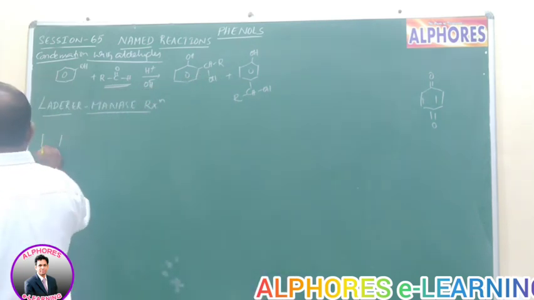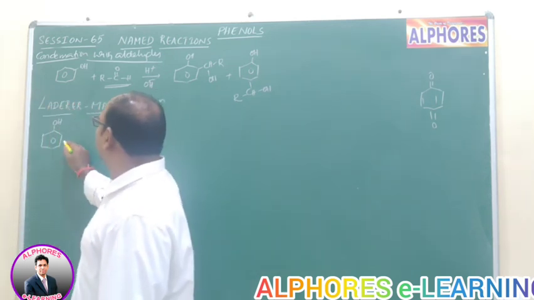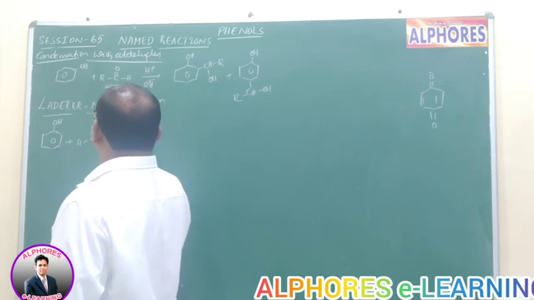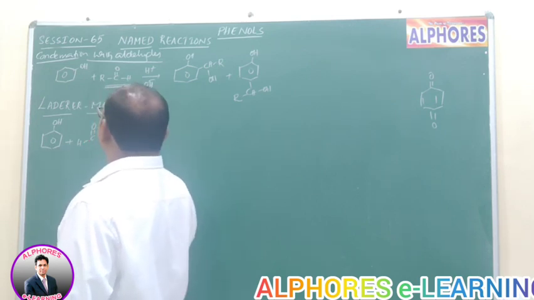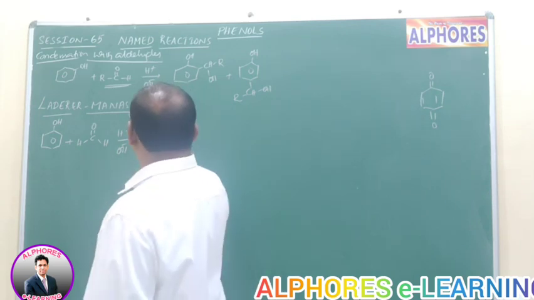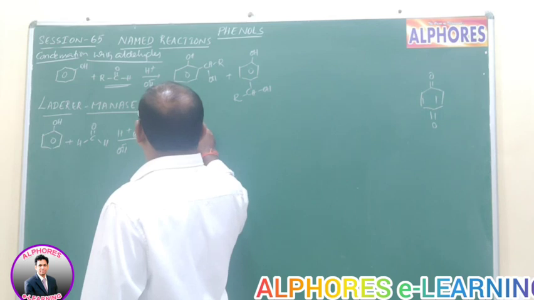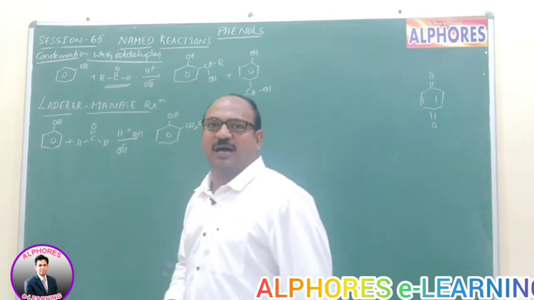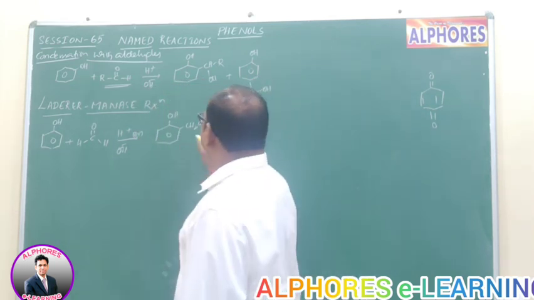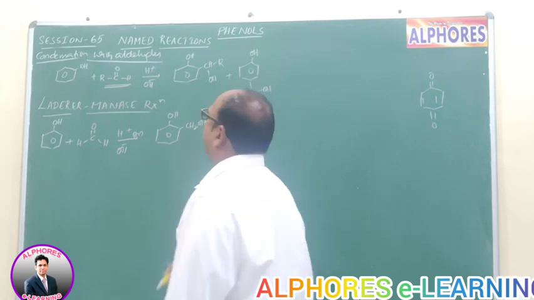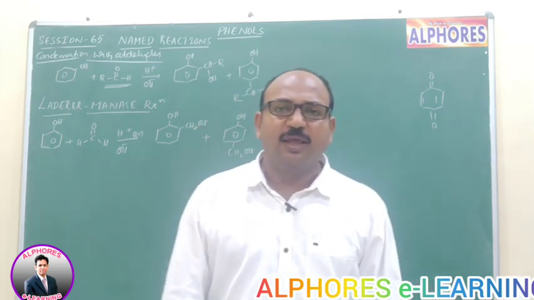Phenols upon reaction with formaldehyde, HCHO, in the presence of either acid or base medium, give the product OH, CH2OH. This is an alcohol: ortho-hydroxybenzyl alcohol and para-hydroxybenzyl alcohol.